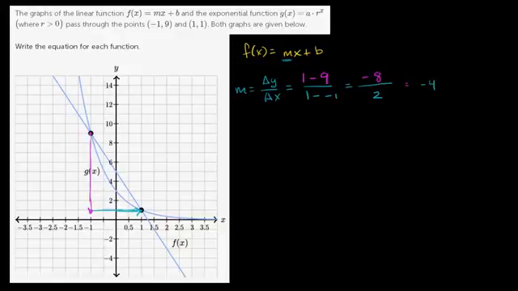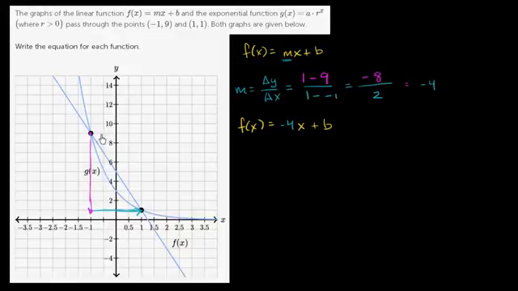And so now we can write that f of x is equal to negative 4, that's our slope, times x, negative 4 times x plus b. And you can see that slope right over here.